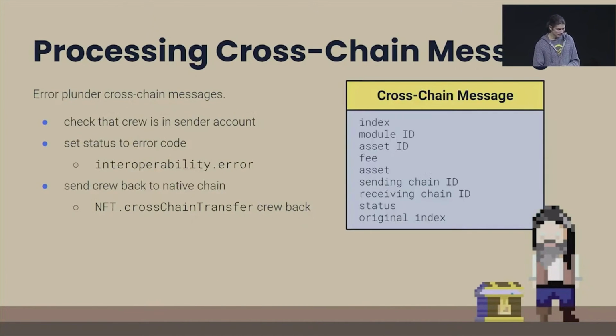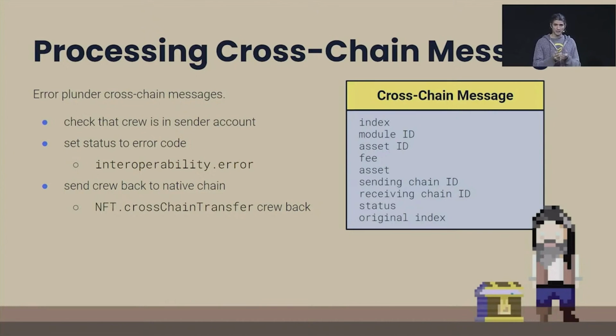But what happens if, as I mentioned before, first the pirates are sent to the receiving chain, and then we have the Plunder cross-chain message that triggers the custom logic that I explained in the previous slide, and for some reason the pirates are not in the sender account anymore? Maybe the messages have been split into different cross-chain updates. In this case, we raise an error in the custom logic.